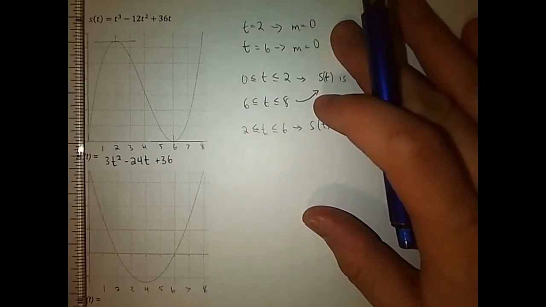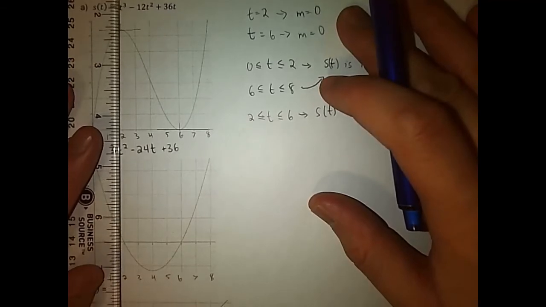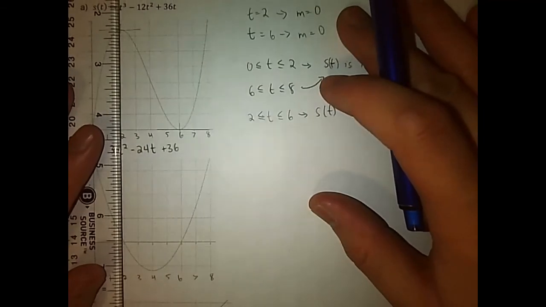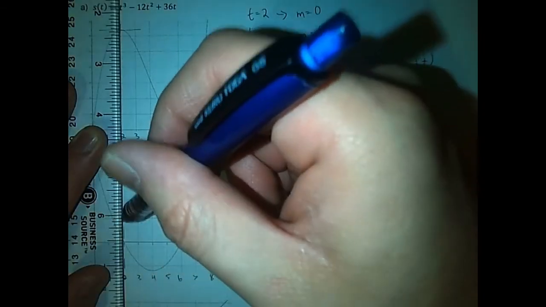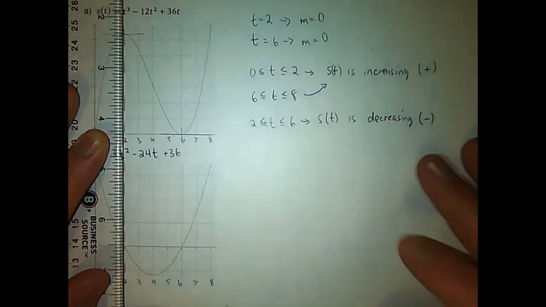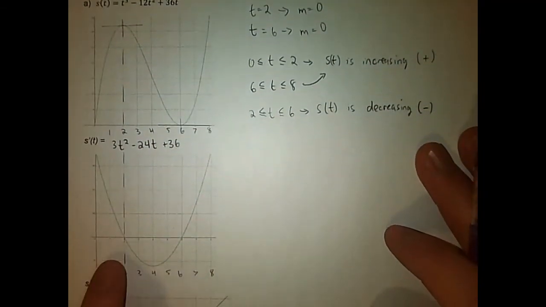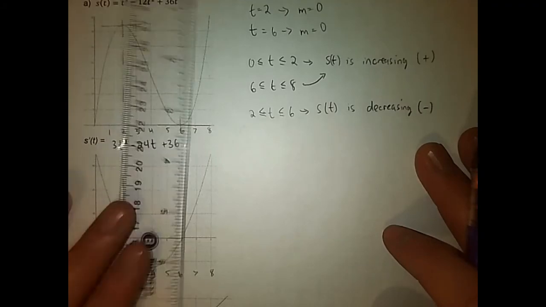Notice that when I have a slope of 0 at this time, we're going to have this. So my slope of 0, I also have in my velocity equation an x-intercept. And this also happens at 6, where we have a slope of 0.